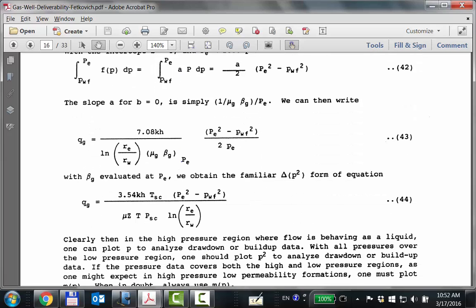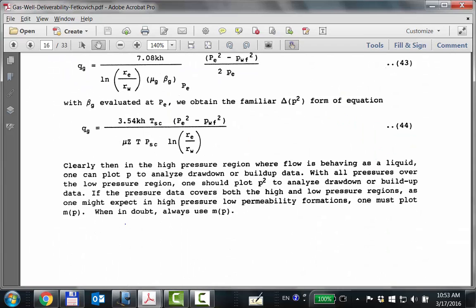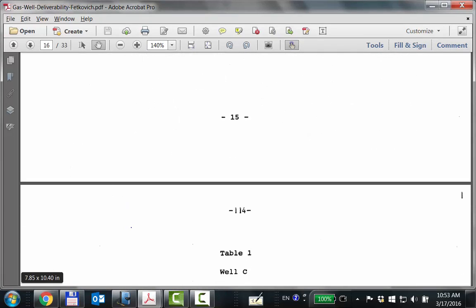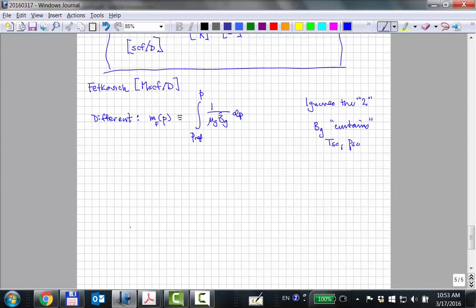And then he finally, the familiar form, he's got this 3.57. But here you have DSC and PSC. Yeah, but you got TSC and PSC outside. But I think he's using 1,000. The main difference is that he's using 1,000 standard cubic feet per day. I think that's the main thing. You know, just be aware of that. Okay.